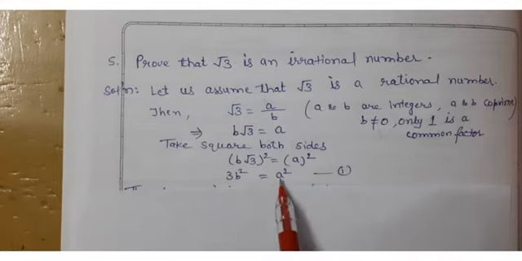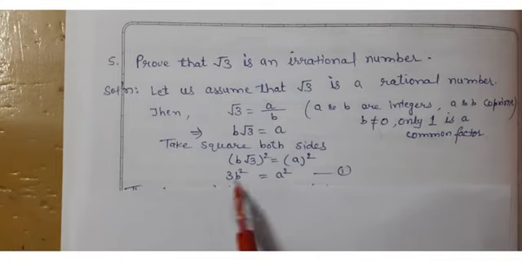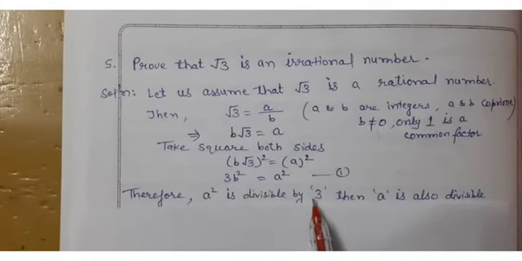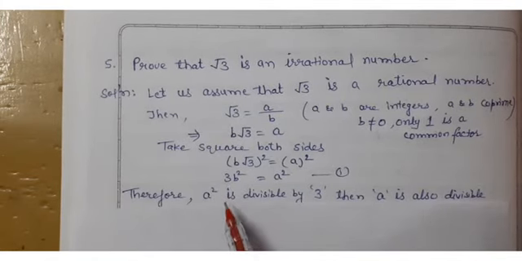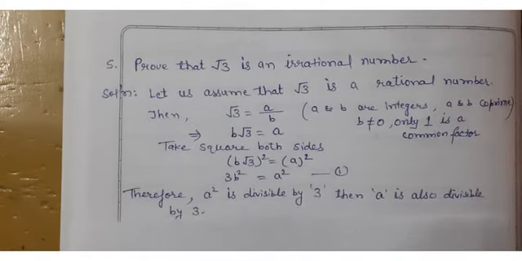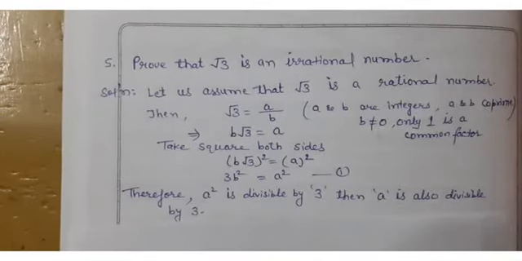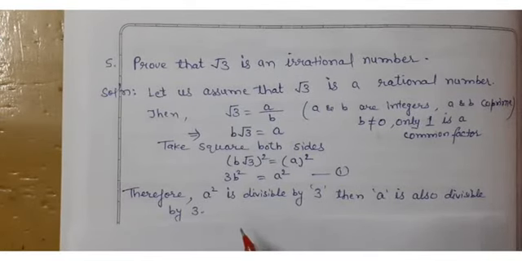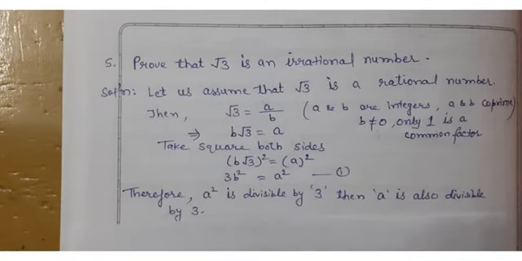And what is the meaning? Here, a square is equal to a multiple of 3. So we can say a square is divisible by 3. If a square is divisible by 3, definitely a will also be divisible by 3. Okay, if a square is divisible by 3, then we can say directly a will be divisible by 3.